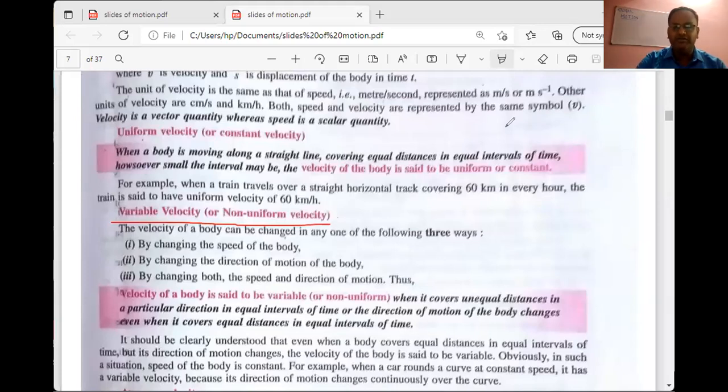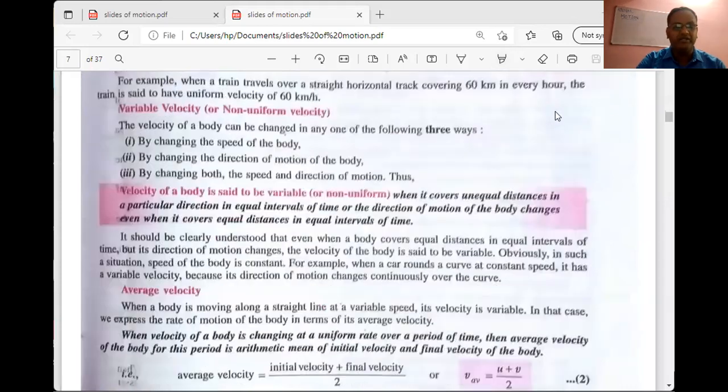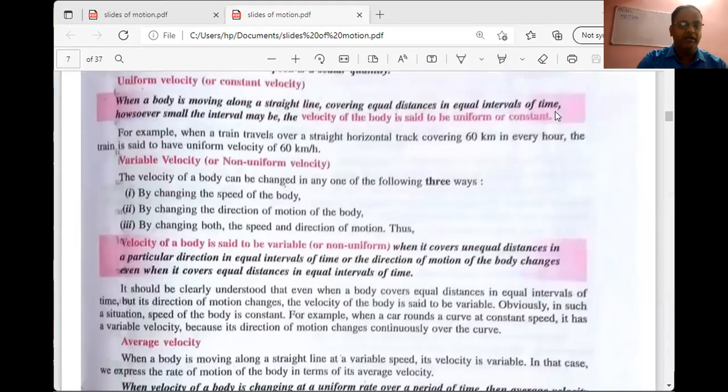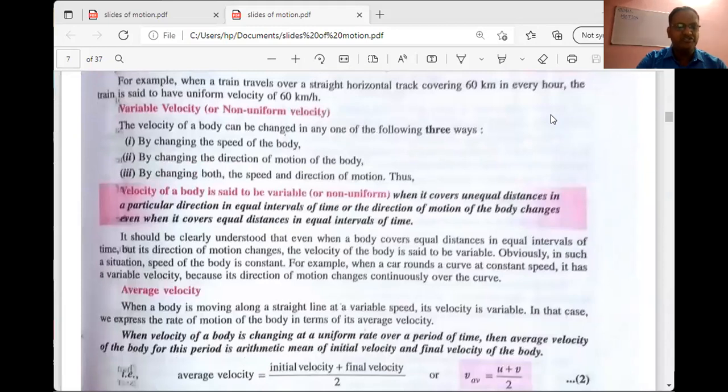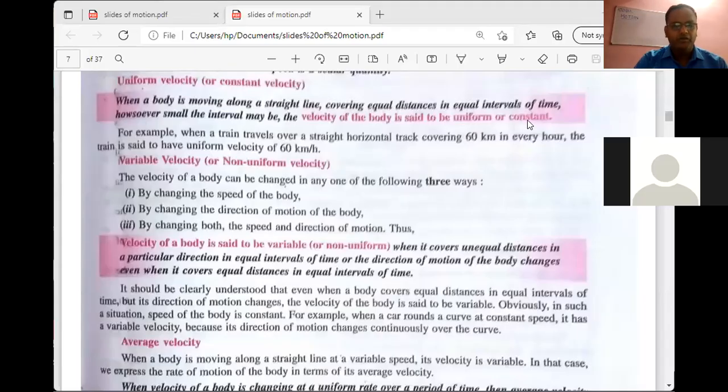So in all three cases, the body is under non-uniform velocity. So either the speed changes, or the direction changes, or both change. That becomes our variable velocity. Okay, so till this we have done variable velocity.